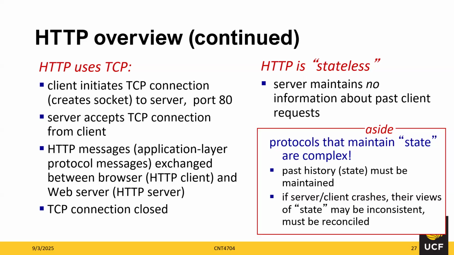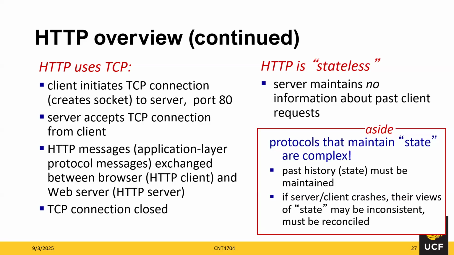Another key feature of HTTP is that it's stateless, which means that each request is separate and independent. So when you ask for a specific object, and then you request another object, it does not remember that you requested the first object. For example, if you have ucf.edu open in one tab, and then you request UCF again, the server does not remember that you have asked for this before. The server just goes back to the traditional request and response.